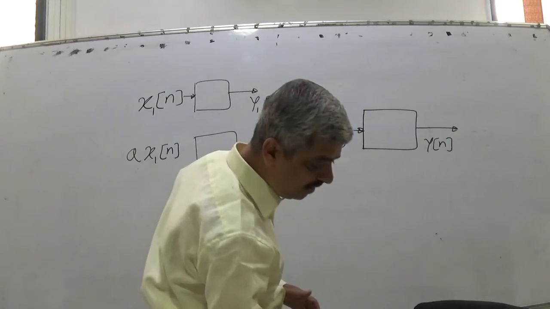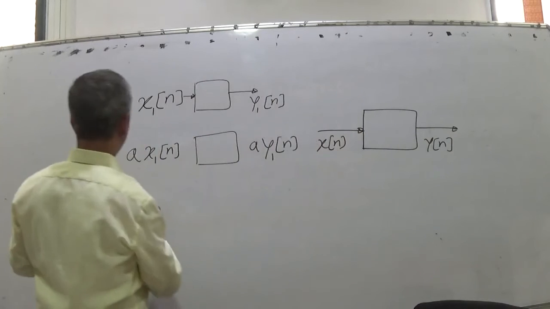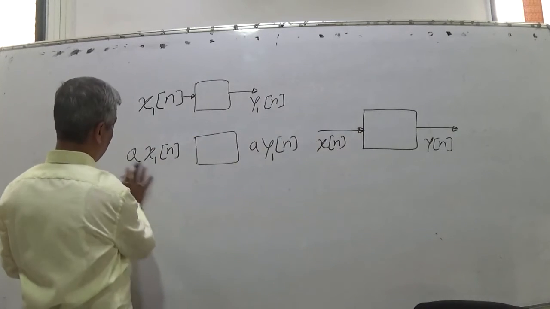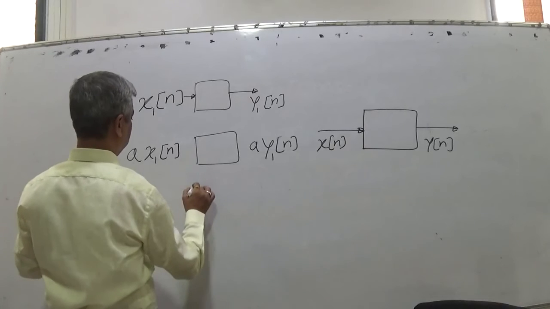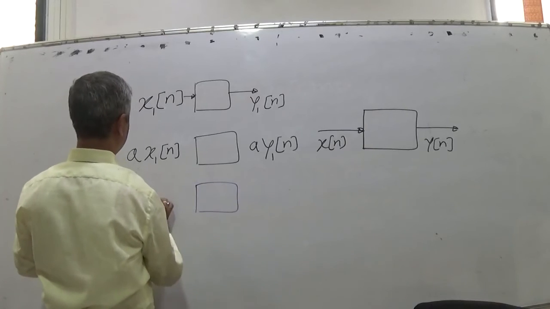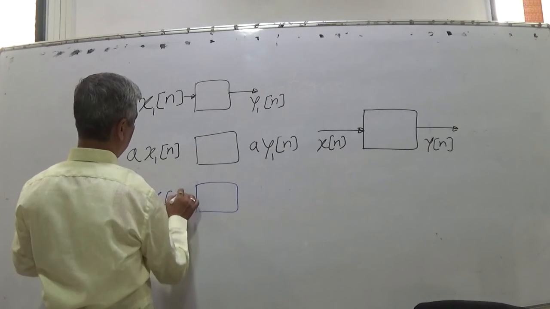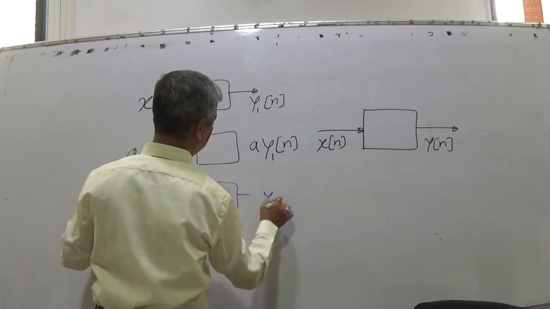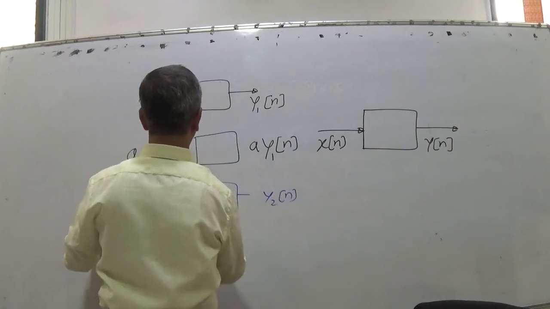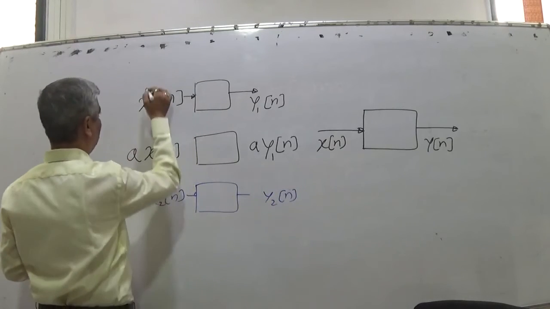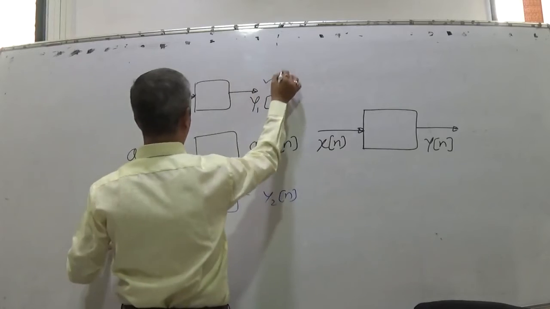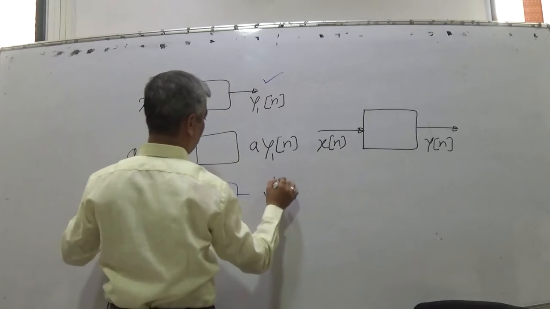Or if I apply another sequence x2[n], I obtain y2[n].